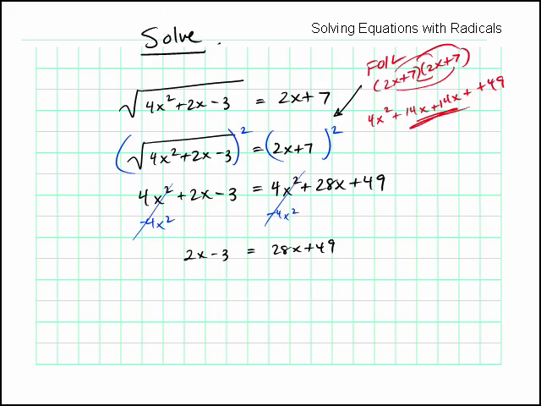I will now subtract 28x from both sides, and that gives me negative 26x minus 3 equals 49. Add 3 to both sides, and we get right over here, negative 26x equals 52. Divide, and we get negative 2.